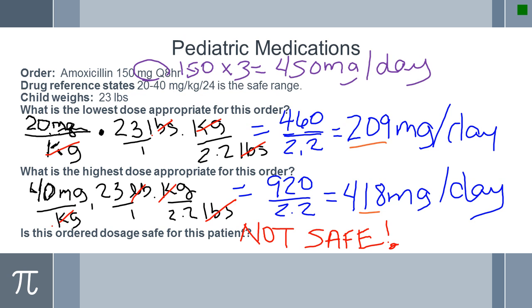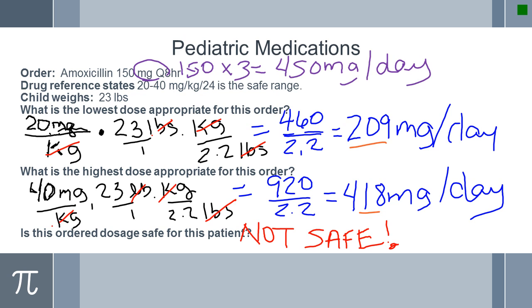And our order was 150, but that's not what's important to us right now. Right now, we want to know what is going to be safe for our low range. So we want to cancel out our pounds and kilograms.